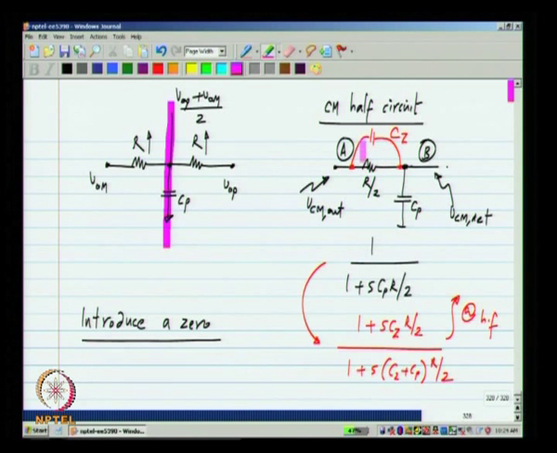It is easiest to think of this as the capacitor Cz is a short circuit across R by 2 at very high frequencies. So, all you have is this capacitive divider, you do not have the phase shift due to this RC circuit, you simply have an attenuation, and the transfer function changes to Cz by Cz plus Cp. Okay. Now, if Cz is comparable to Cp, this is some fraction of 1, and that is quite acceptable as long as it does not give a phase shift.